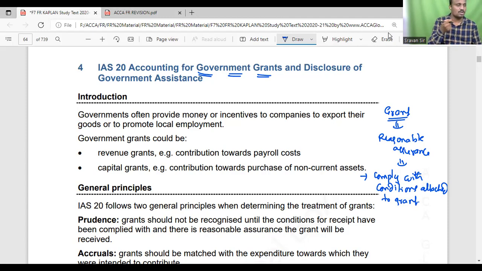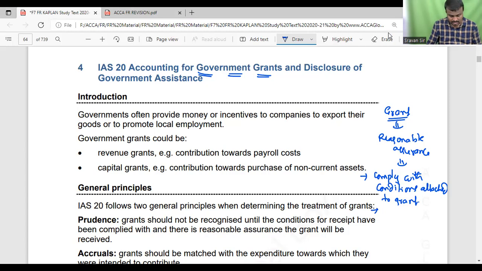If you start the entity and provide employment to around 40% of our local public, then the AP government will provide 30% of the employment cost to you as a grant. So if that condition is satisfied, then only you will receive the 30% government grant from the AP government.